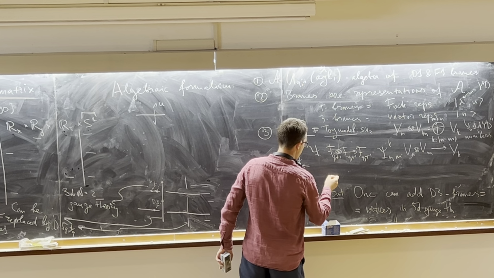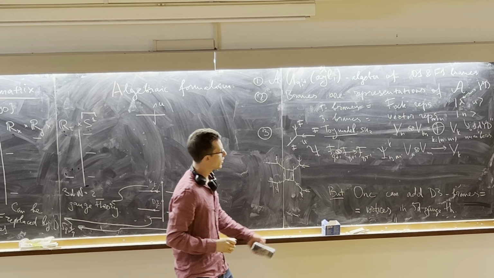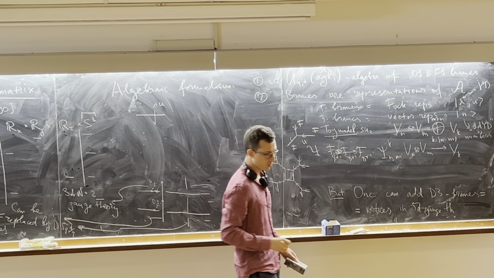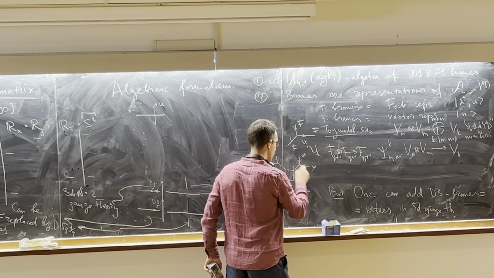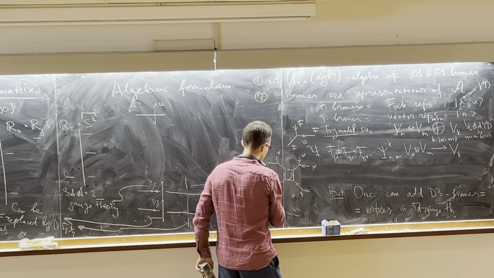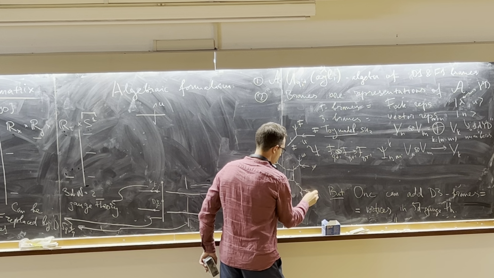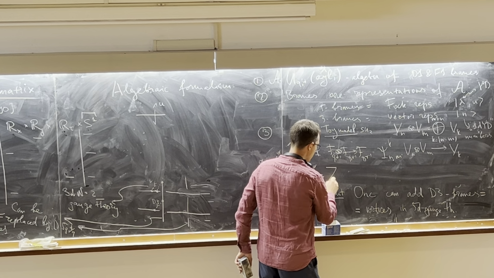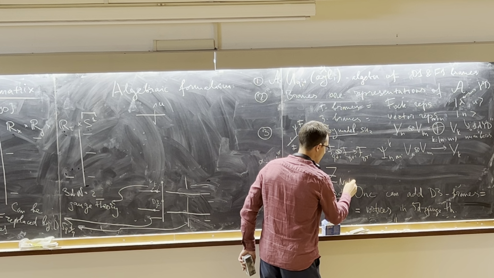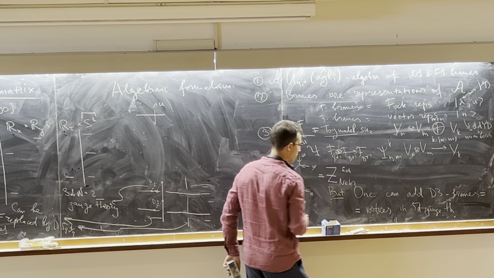Now, if I plug in the highest weight vector in the Fock space, also known as the vacuum, I get a number. So this is no longer an operator. This is a number. And this number is just equal to the 5D Nekrasov partition function.